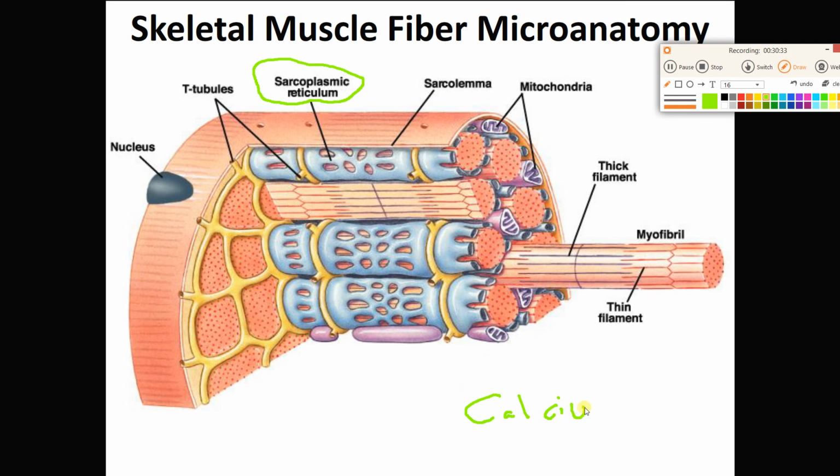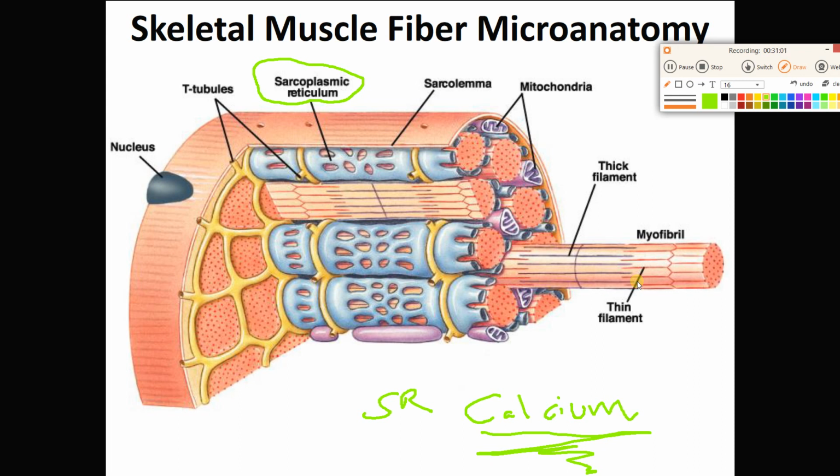Calcium will be super important for muscle contraction later on. And we store calcium in the SR, or the sarcoplasmic reticulum. In fact, when the sarcoplasmic reticulum releases calcium, the calcium interacts with the filaments, allowing myosin to grab onto actin and to pull and make things shorter.